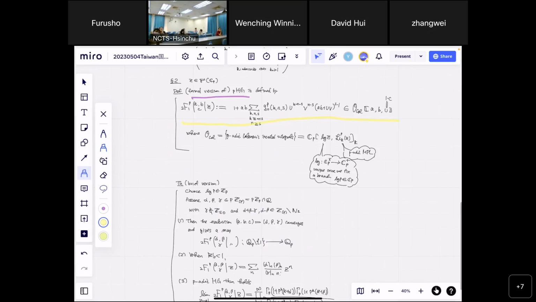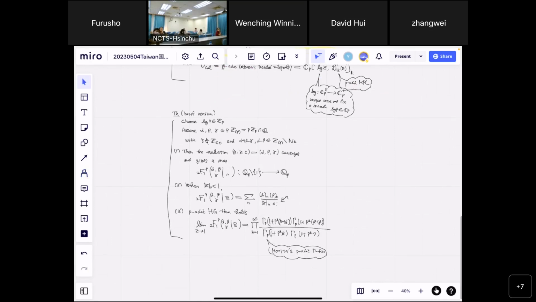But under these assumptions, you can consider substitution evaluation, and we can show that this converges, and it is a well-defined map from QP minus 1 to QP. And especially if you consider the open unit disc centered at the origin, it agrees with the usual power series expansion. And if you consider the limit value at the point 1, which is not determined, the limit is given by the infinite product of gamma functions. This is a kind of p-adic analog of Gauss's theorem.